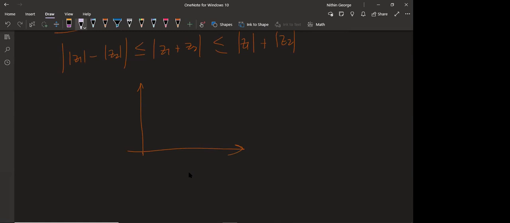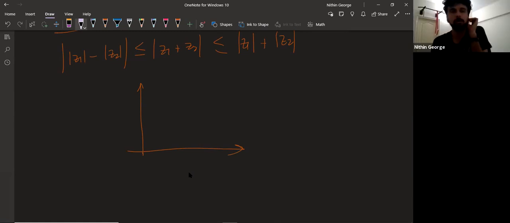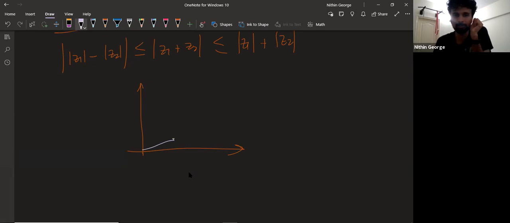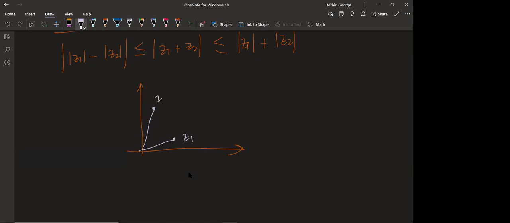Draw two lines representing Z1 and Z2. Sir, we have to draw two lines representing Z1 and Z2. Lovely. Start. So there's Z1, there is Z2.